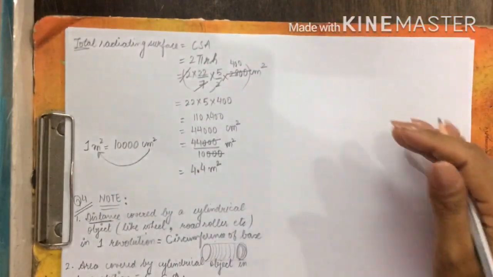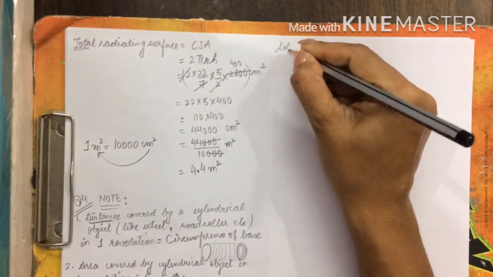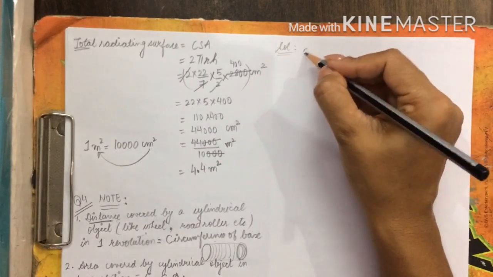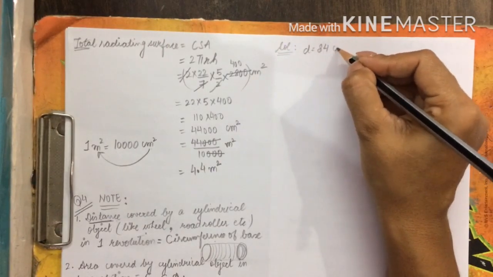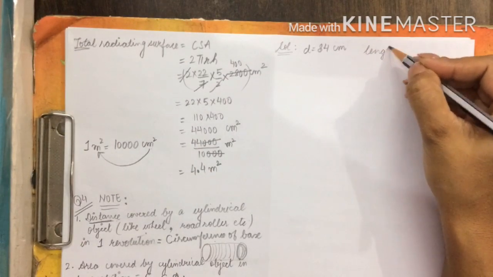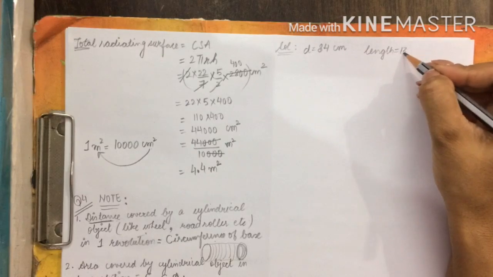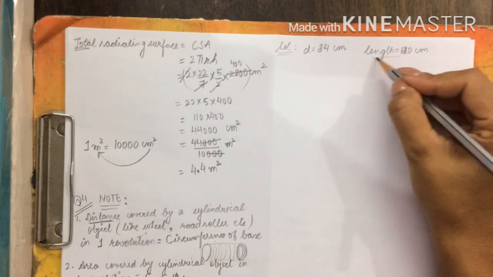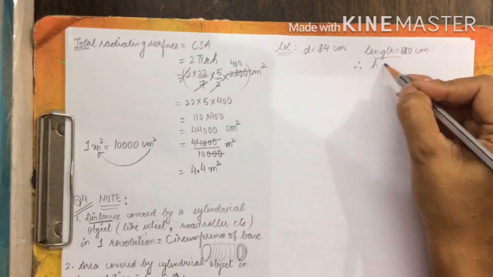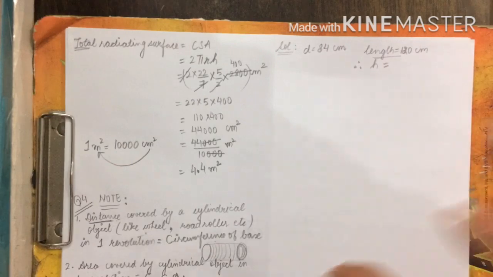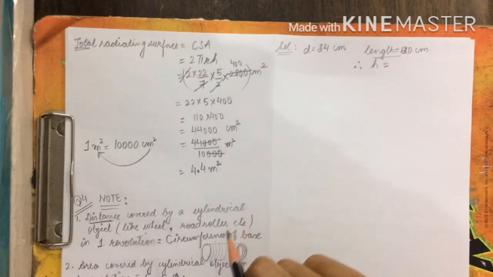Question number 8, the solution. Let's note down the measurements. The diameter is given as 84 centimeters, and the length of the road roller is given as 120 centimeters. Now the length of the road roller is actually the height, because if the cylinder is lying on the ground, its height appears to be the length.